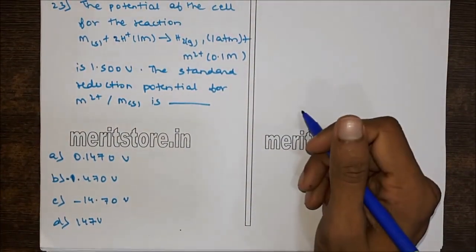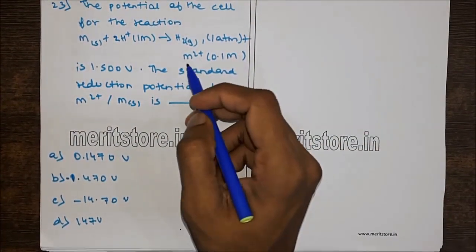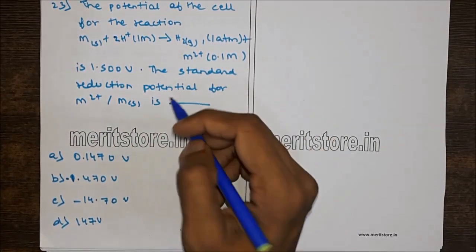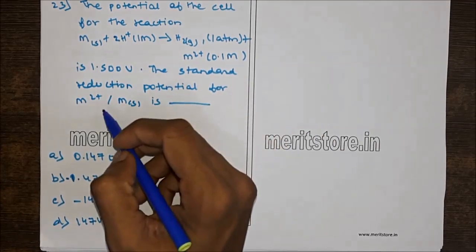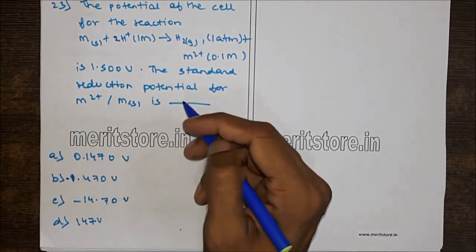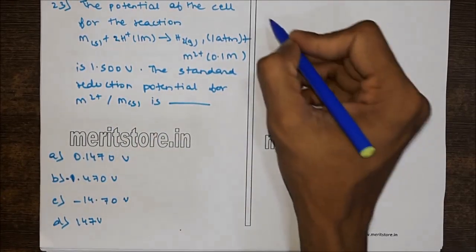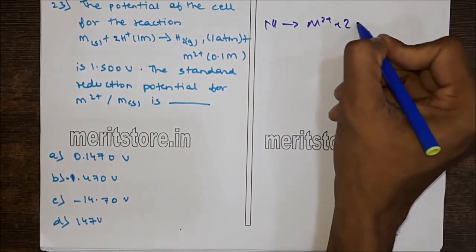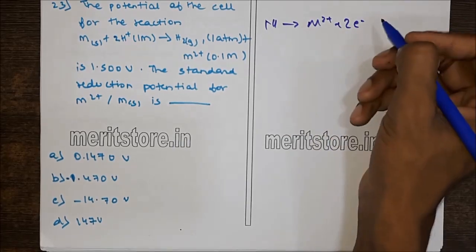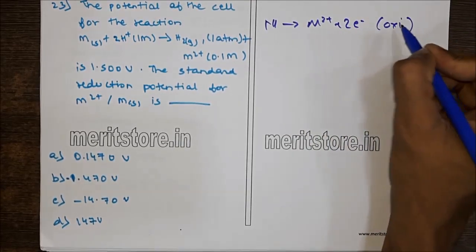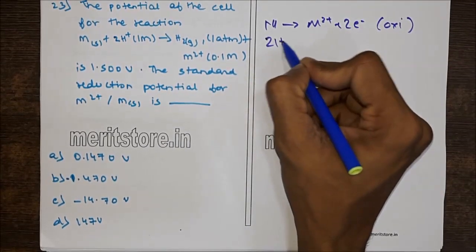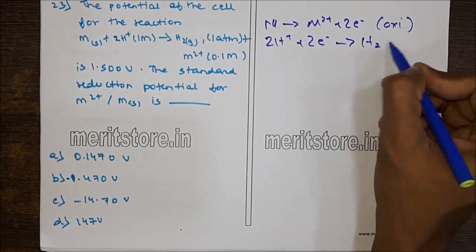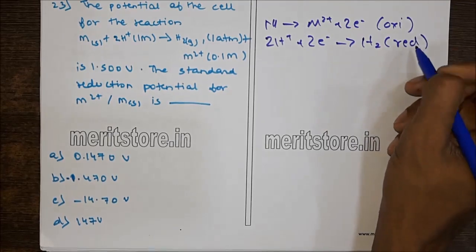Question 23. The potential of the cell for the reaction as given is 1.5 volt. The standard reduction potential for the reaction is, we have 4 options. So we have M giving M²⁺ plus 2e⁻, which is oxidation. Similarly for H⁺, adding an electron gives us H2, which is reduction.